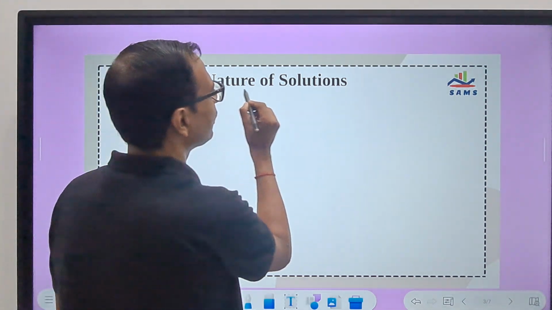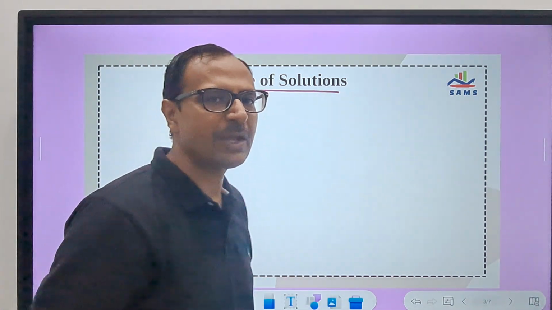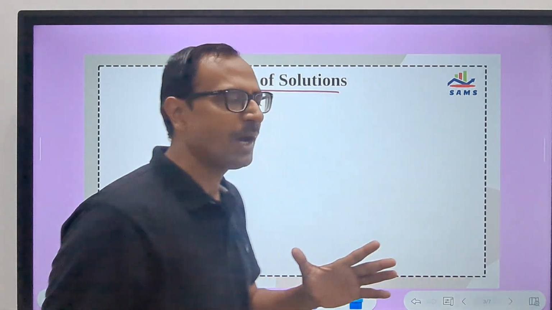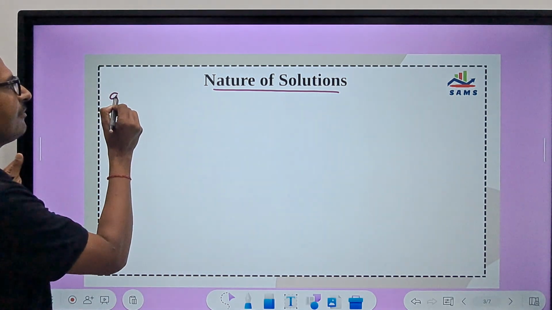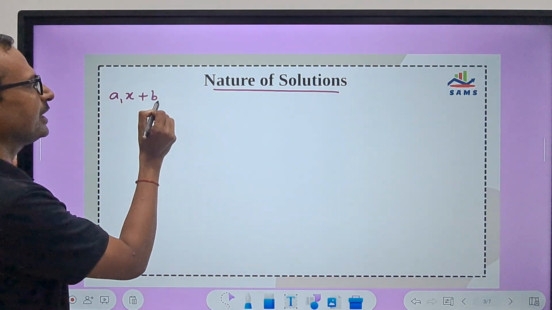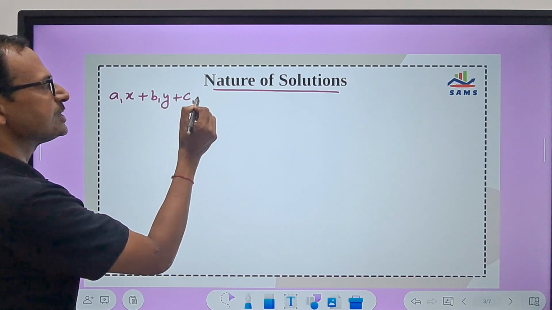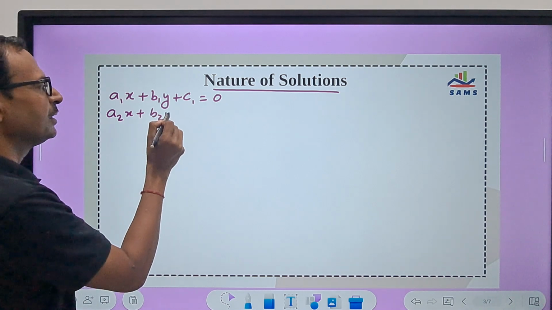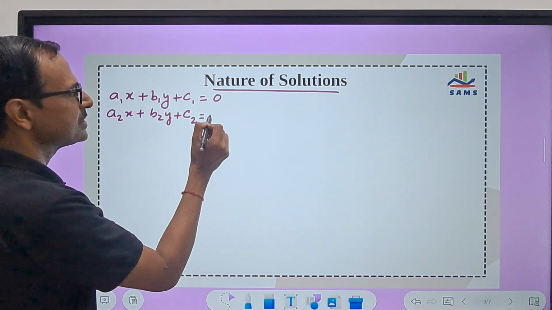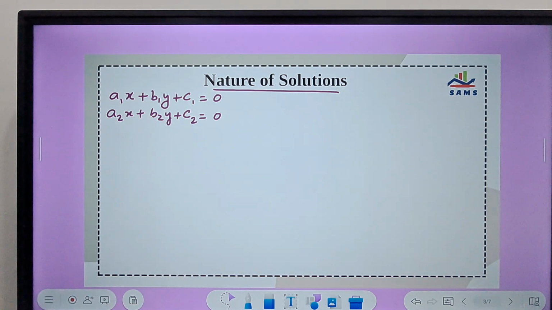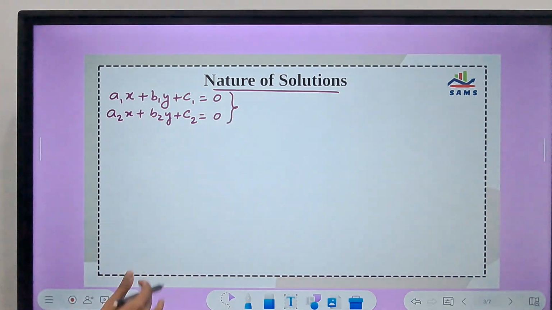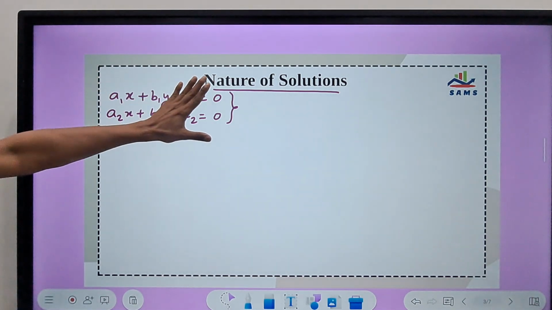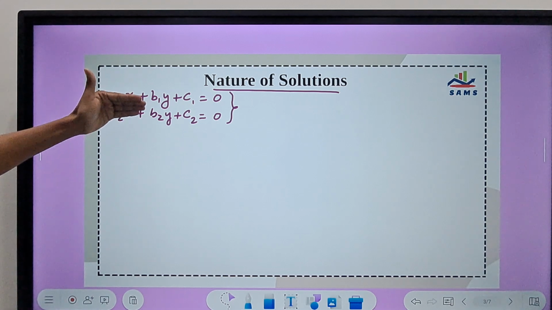So when we are talking about nature of solutions of a pair of linear equations in two variables, the equations are represented by a1x plus b1y plus c1 equal to 0 and a2x plus b2y plus c2 equals 0. Now this pair of linear equations can have different types of solution. That means the values of x and y which will satisfy this pair of equations may differ in nature.